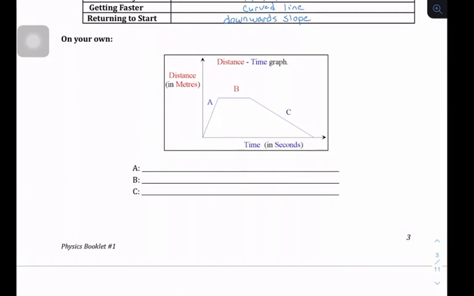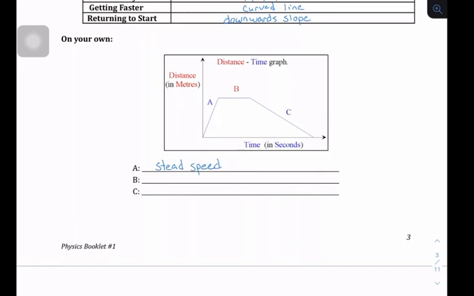I'll get you to pause and maybe describe this section here on your own. This graph, we start at 0, and as time is increasing, distance is increasing. So this thing is traveling at a steady speed.